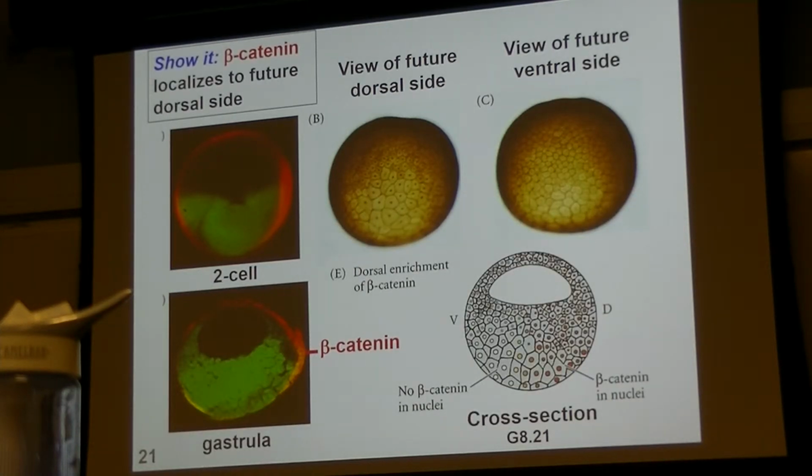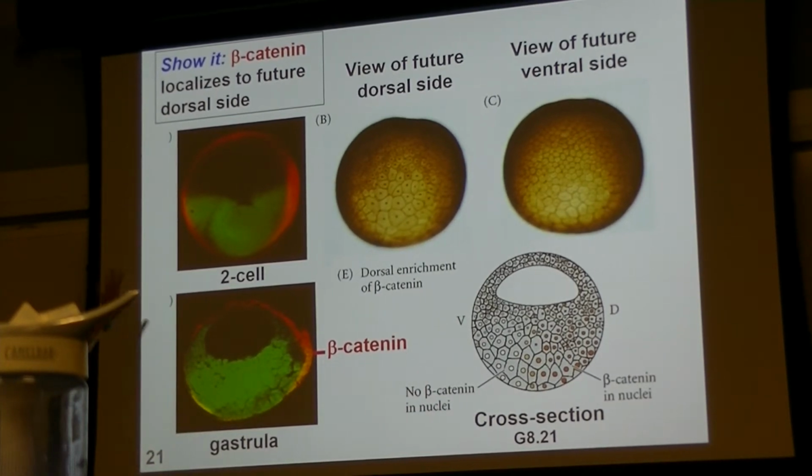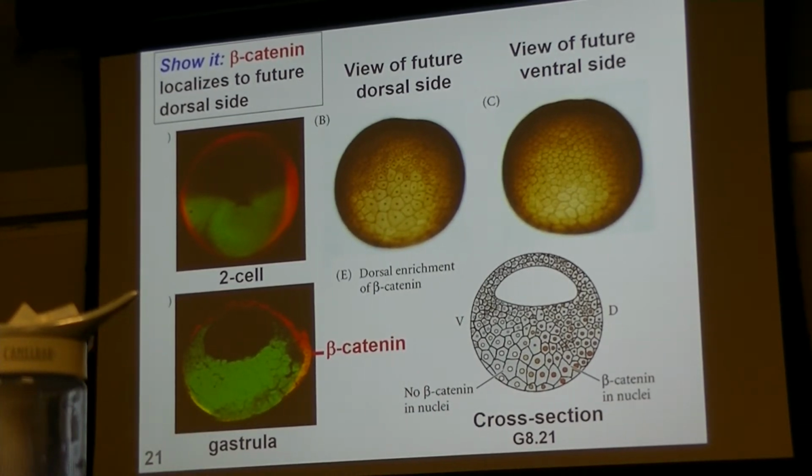And so if we think about beta-catenin in this context, if we block beta-catenin, we can see some result here. So first, let's look at the localization of beta-catenin. These two are immunohistochemistry experiments, so we're looking at beta-catenin protein and where you would find it in the embryo. The embryo is stained green just for background visualization.